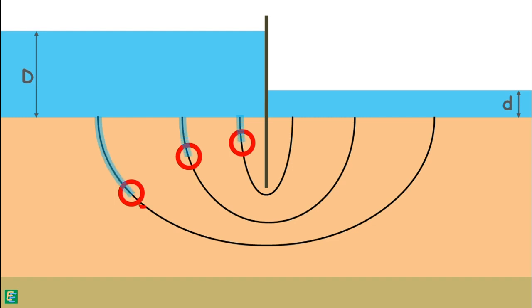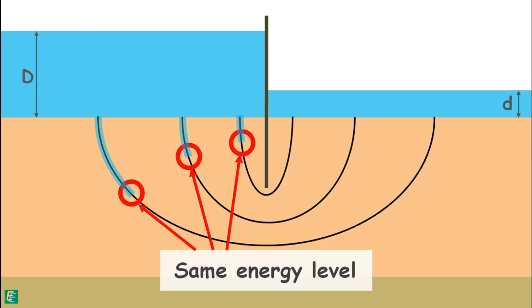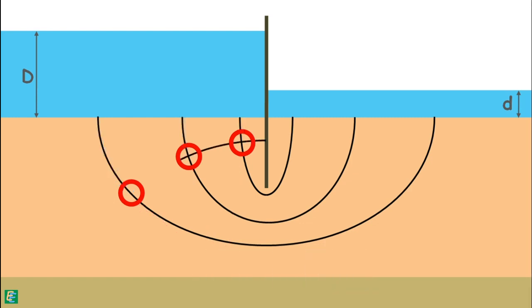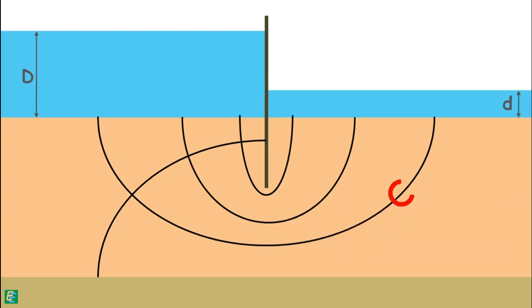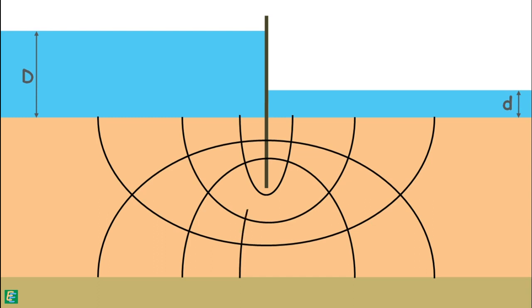Or we can say points of the same energy level. When we join such points together, the line so formed is an equipotential line. Similarly, different points of the same energy on different flow lines can be observed and many such equipotential lines can be drawn.